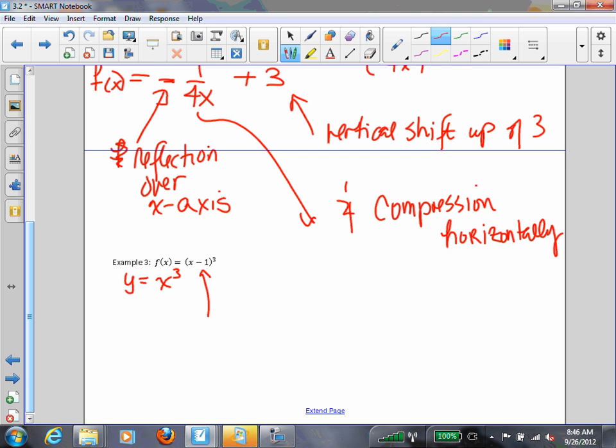Remember, it's the opposite sign. Think of your absolute value functions, your vertex when you had to figure it out. You took the opposite of whatever was with the x, and you kept the sign of what was with the y. Remember? So this is a shift 1 unit. Which way now? Right.